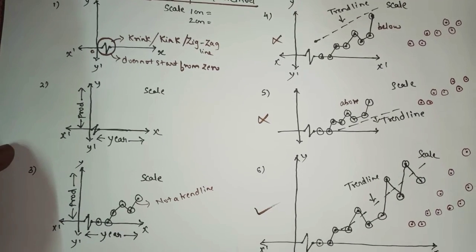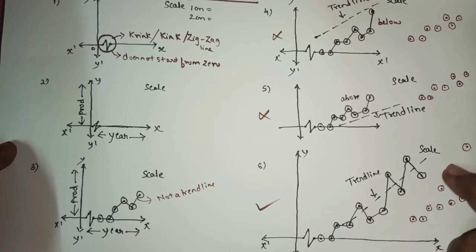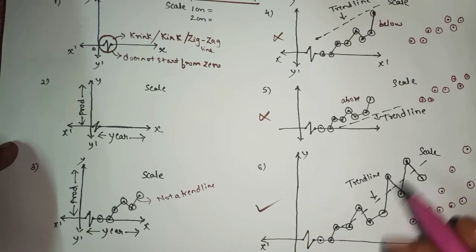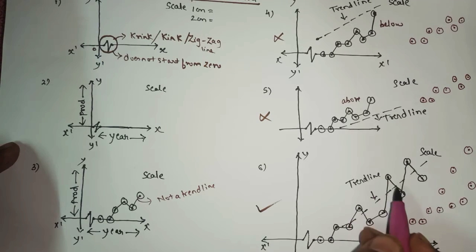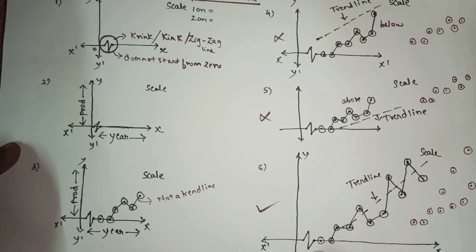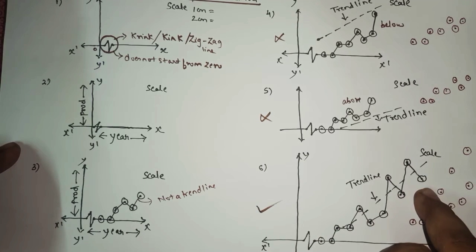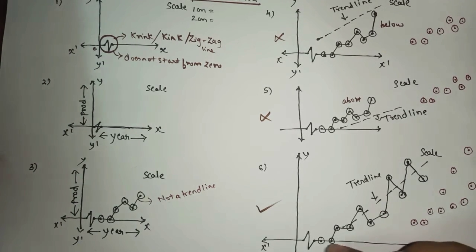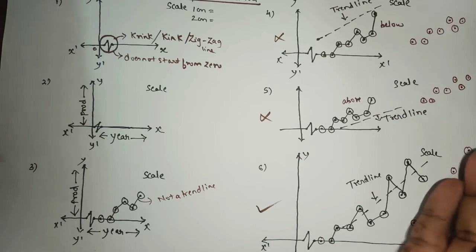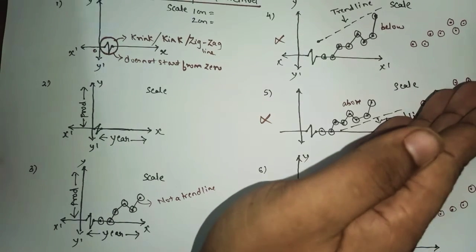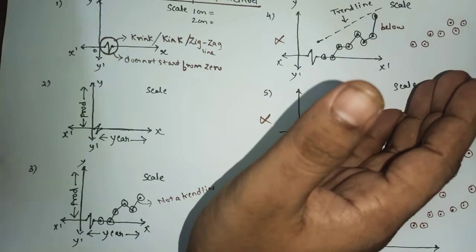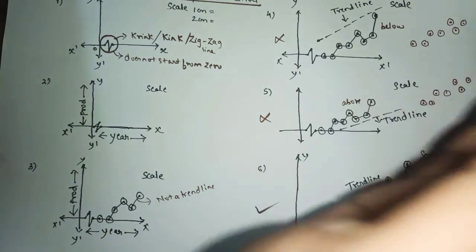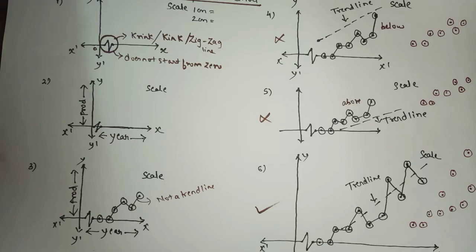For example, if we count these points, 1 2 3 4 5 6 7 8 9 10 11. But you have no need of counting the points. In simple language, draw the line in such a way that some points lie above and some points lie below. Understood?